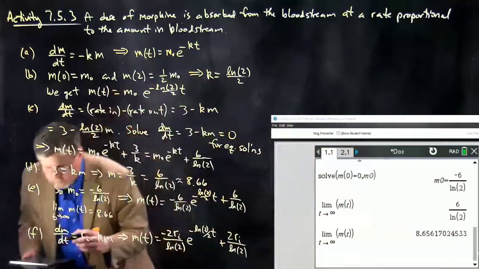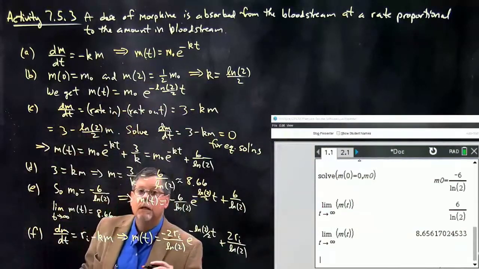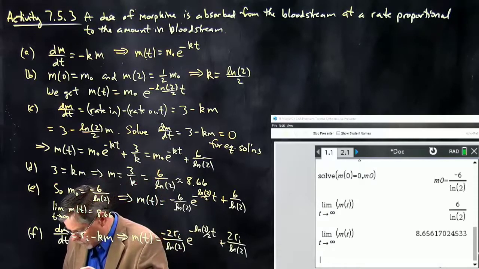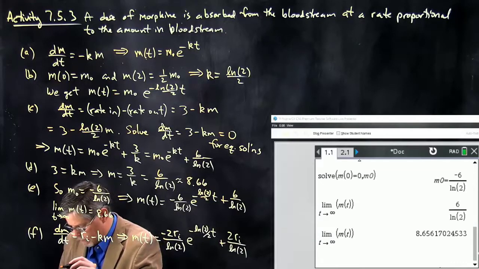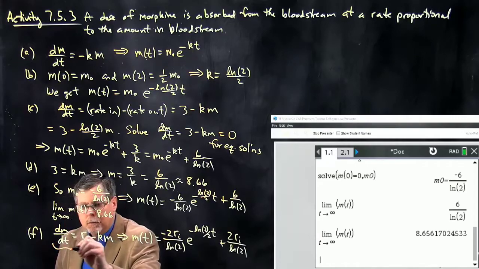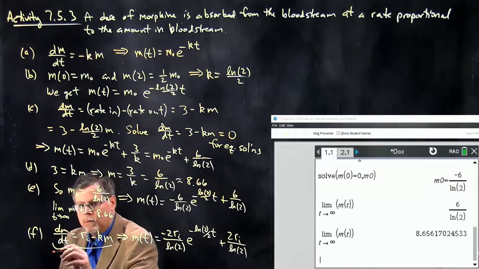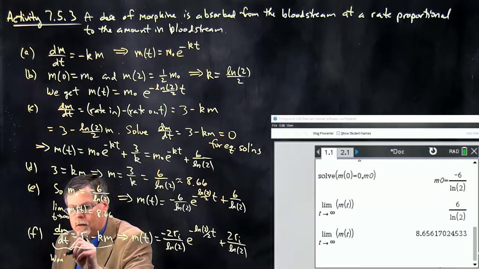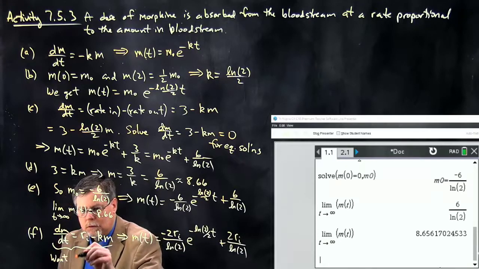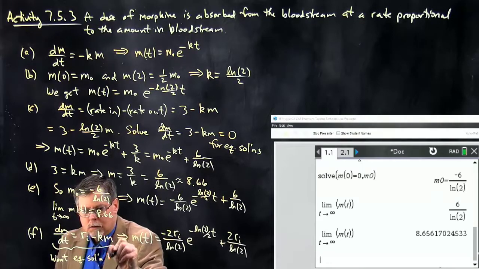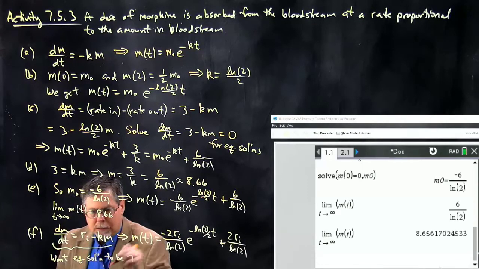So we know that this initial rate is governed by this differential equation. So we want the equilibrium solution to be 7.